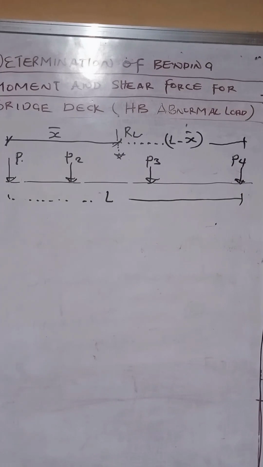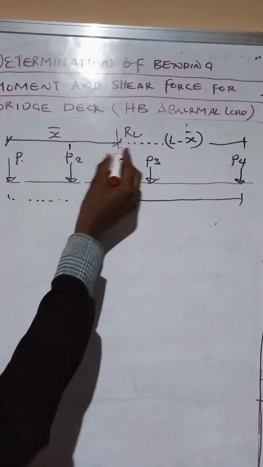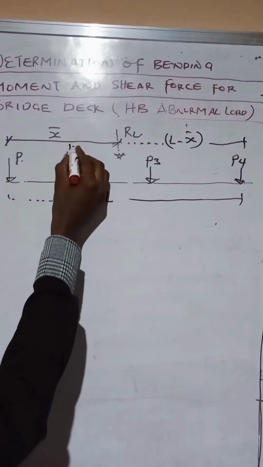What I mean is, this is the distance between the resultant load and P2.